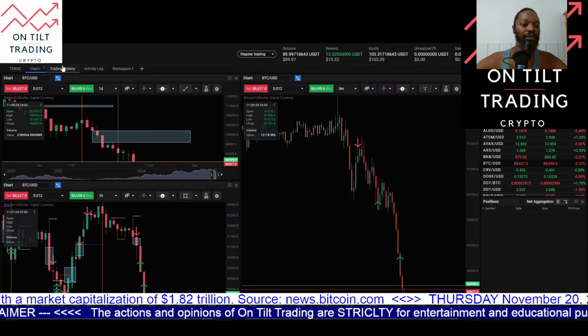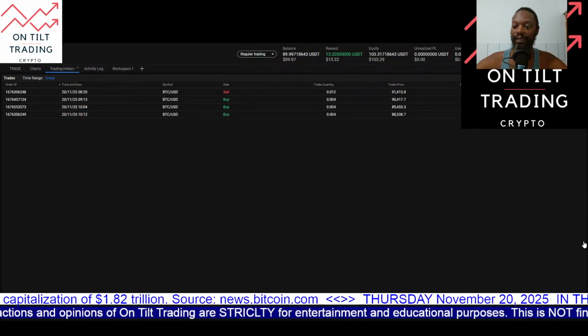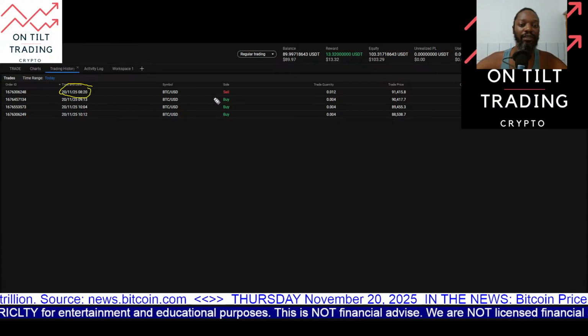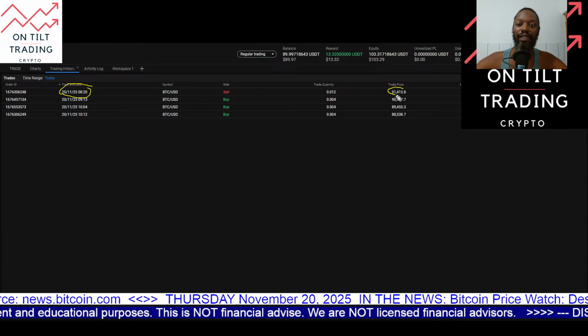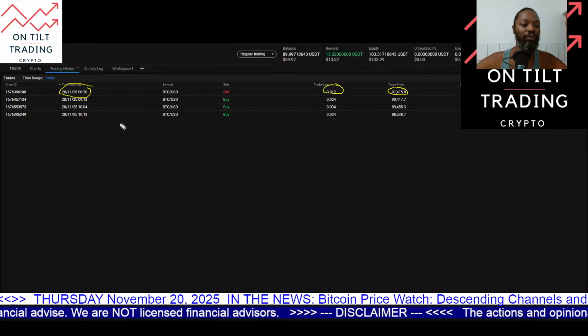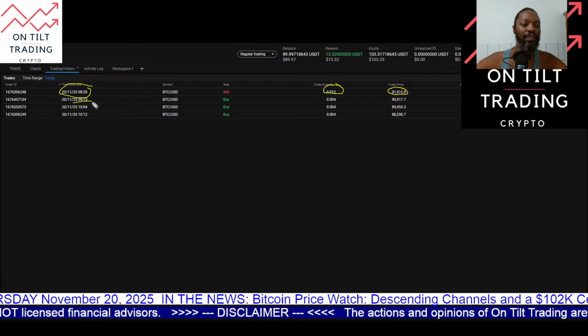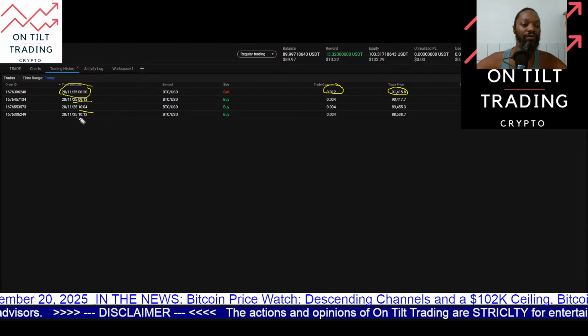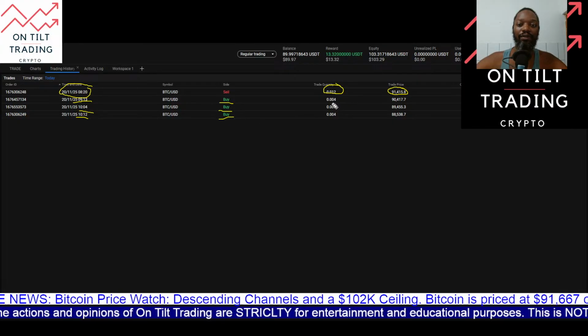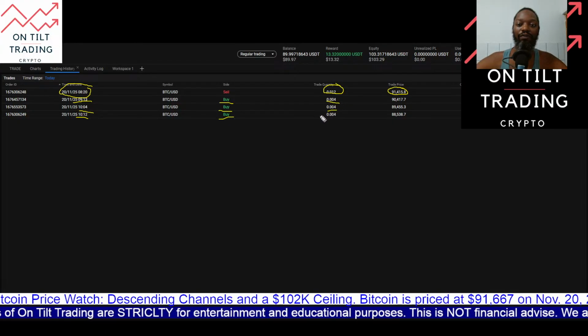Then if we come over here to trading history for today, you can see my entry here at 820, and then here at 91,415.8 for 0.012. Then at 913, 1004, and 1012 we get covering, 0.004 for each one.